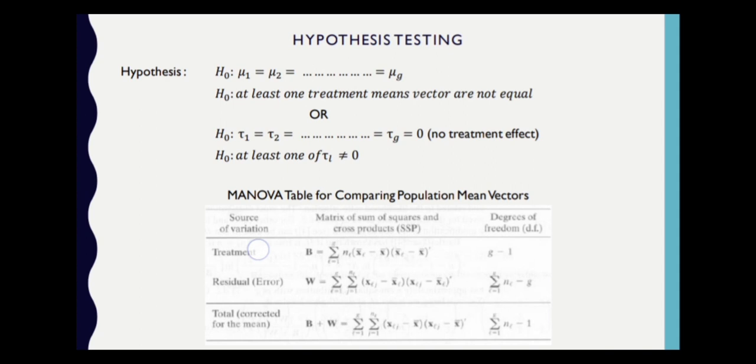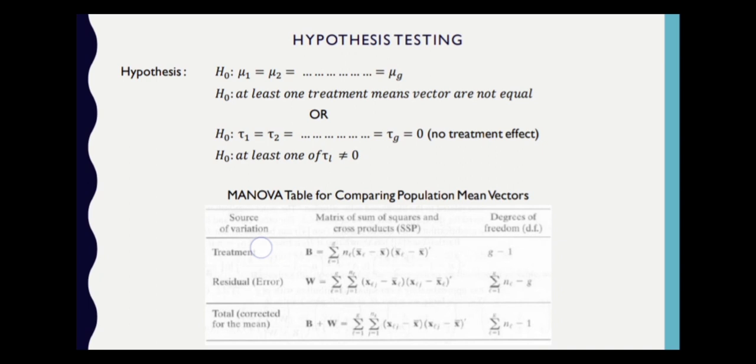The first one, the random vectors XL1, XL2 until XLnL are from the sample size of nL with population mean mu L, for every population. Yang kedua, all the populations have the common covariance big sigma, and each population must be multivariate normal.